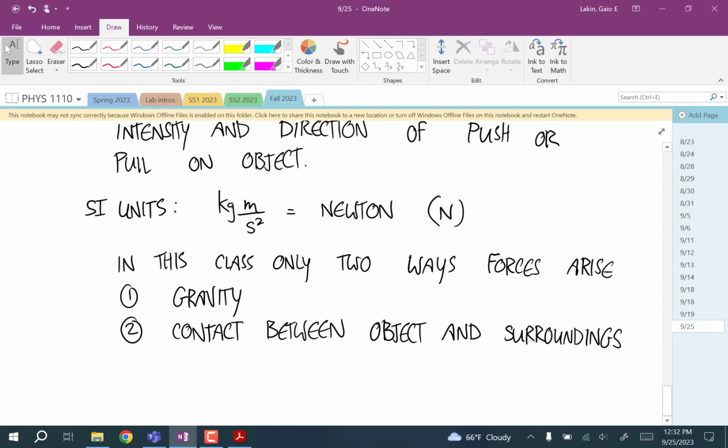Okay, anybody have any questions about just the basic definitions of mass and force? So force is a vector, mass is a number. Well, the next thing that I'm going to do is just start talking about various types of forces and what we know about them. Okay?